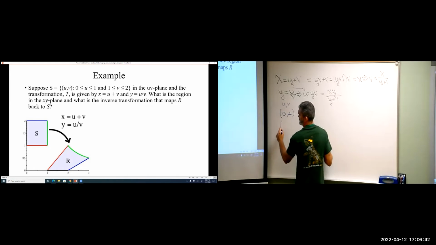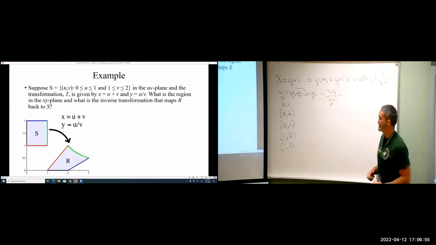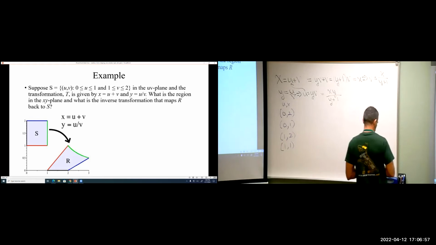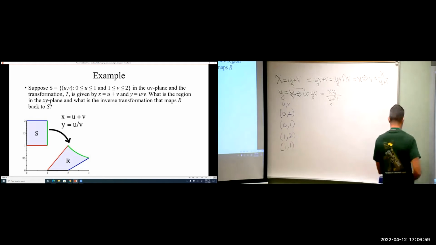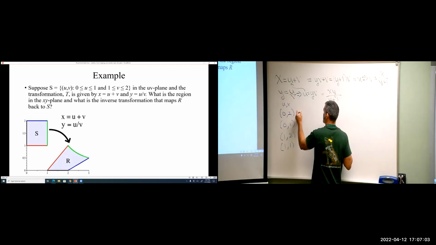What else do we have? We have 0, 1. We have 1, 2, and 1, 1. Those are u comma v points. Well, we're going to translate those over into x, y points.